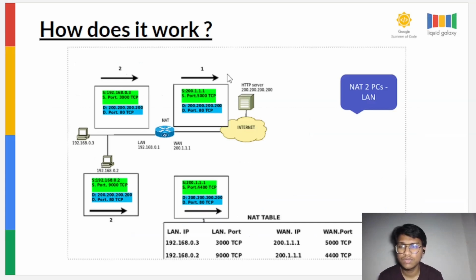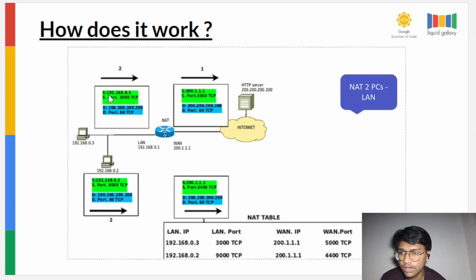Then how is NAT working? Now just see this image, I will try to explain from this. We have a network in which these two machines are connected. They have IP addresses 192.168.0.3 and 0.2. Assume that they are sending some data.